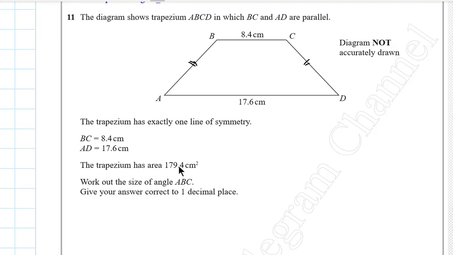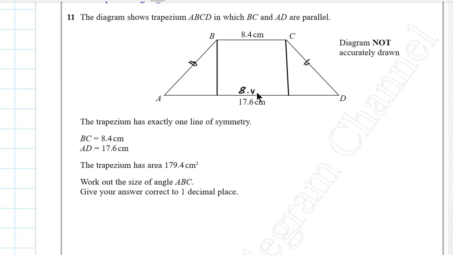This is given in the diagram. The trapezium has area 179.4 square centimeters. Work out the size of angle ABC. This angle. Okay, first we will do the following. I draw these two heights.